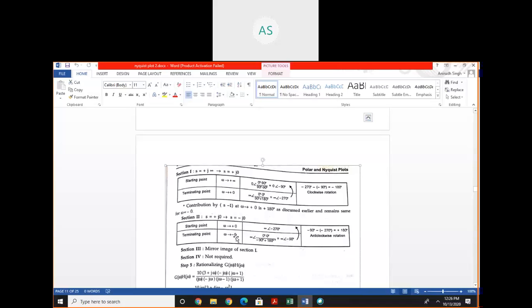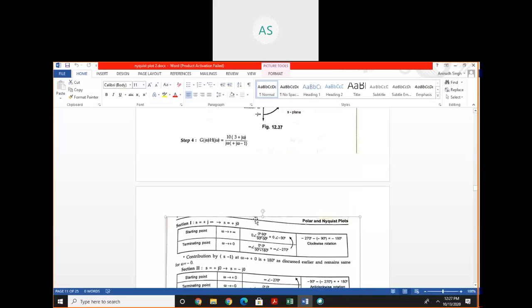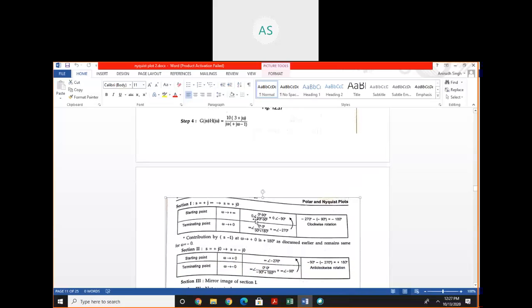Similarly, for the terminating point, when omega tends to minus 0, this term is 0, this term is 0, so the angle contribution is 0.